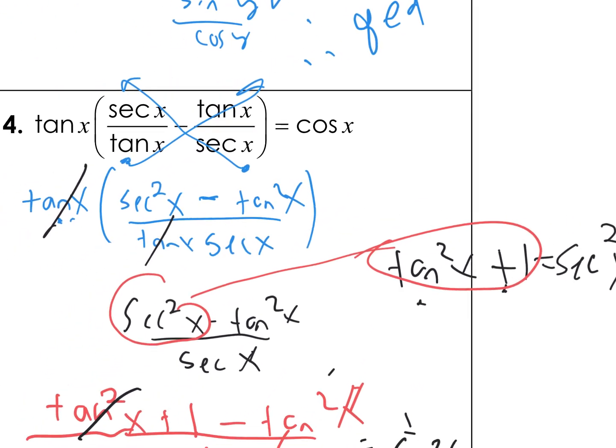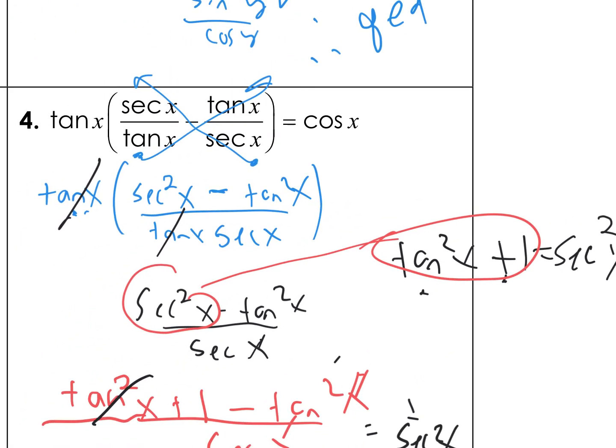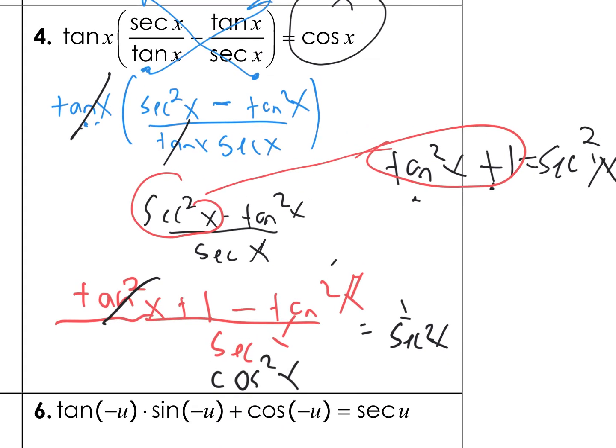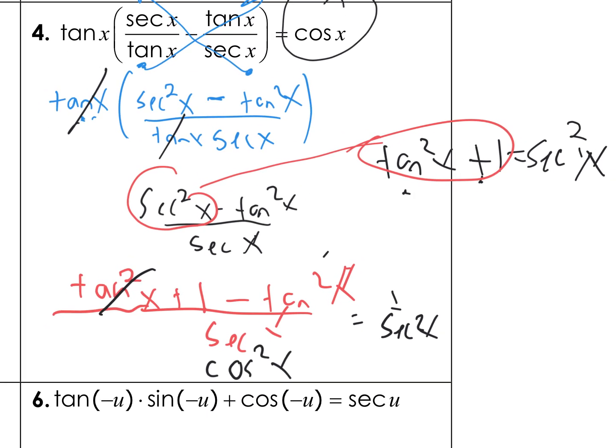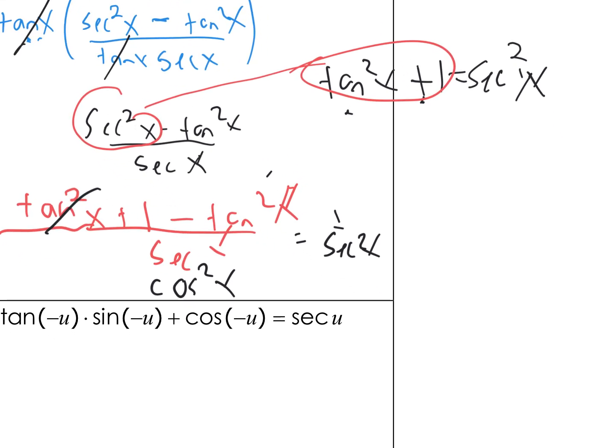I forgot what I'm trying to prove. Uh-oh. That's not what they have here. Oh, wait a minute. Oh, it's because it's not secant squared. It was just a secant x. I got scared for a minute. It's not a secant squared at the bottom. Take a look at it and you verify it with me.